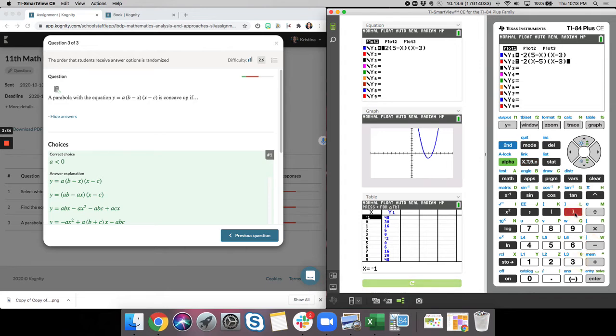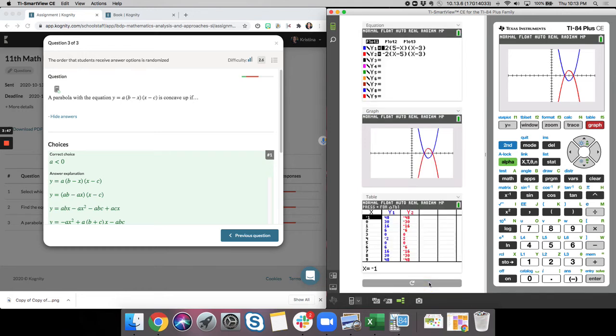That's a very small change, and that's normally what you would see for factorized form. When I graph that, you can see that the parabola is concave down, and this is a way of showing, using an example, what this general form defines.